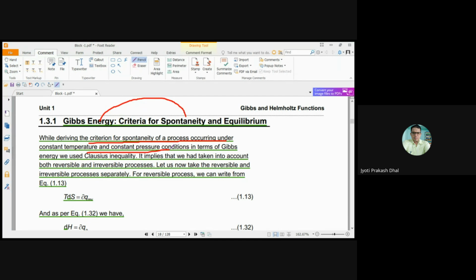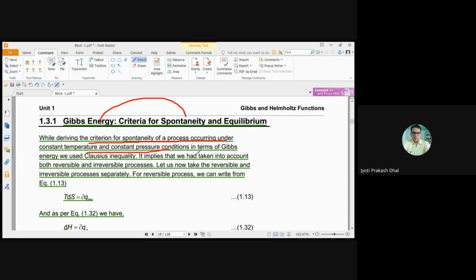The only difference is that for constant volume we use the Helmholtz function or Helmholtz energy, and for constant pressure the Gibbs function or Gibbs energy. For constant volume it is dA, and for constant pressure it is dG.